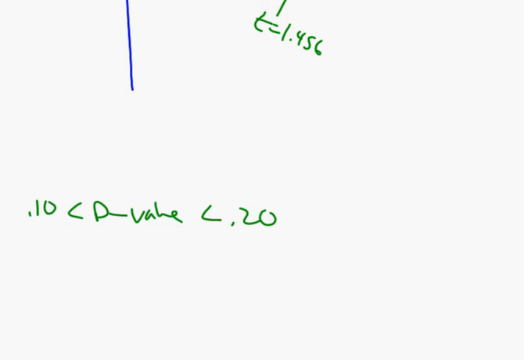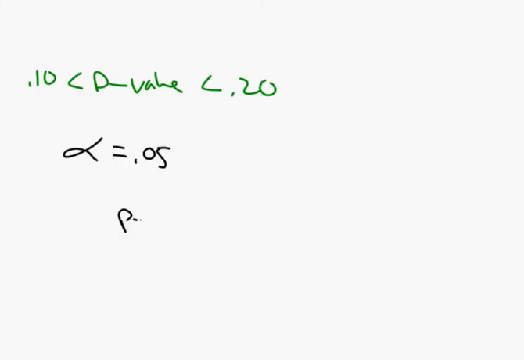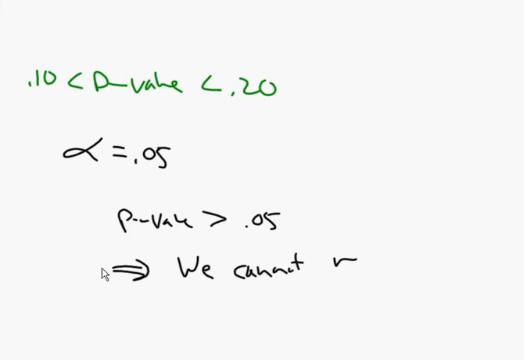So now what can we say? Well, if we're going to use alpha equals 0.05, which is the typical significance level, then our p-value is greater than 0.05, and that implies that we cannot reject H0 in favor of HA.